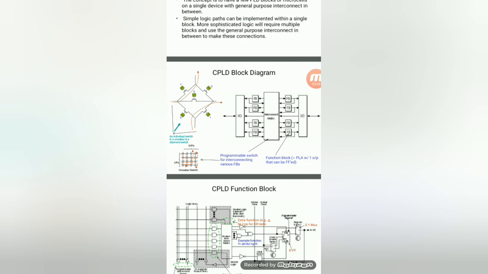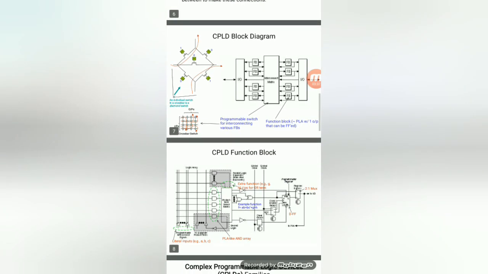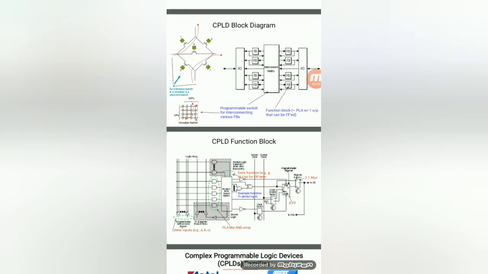Now the internal block diagram of the functional block. The functional block can follow either PAL or PLA; here we follow the PLA, where the AND block is fixed and the OR block is variable. Once this PLA is implemented, some extra features are added, like a global clock, which is used for reset or set purposes. A mux is used for selecting the signal based on our selection lines.